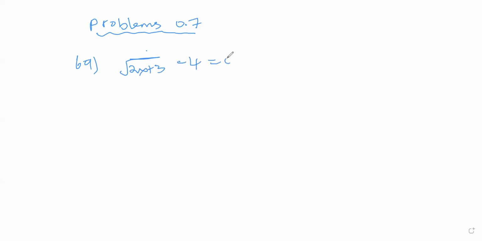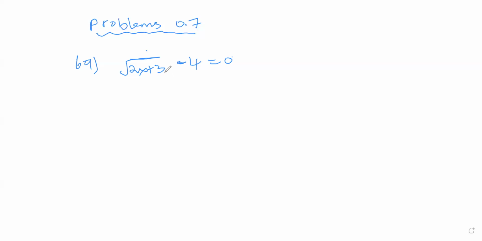Okay, so as I said, if we only have one radical in our equation, what you need to do is just to isolate that radical, then raise both sides to the power of the index. But if you have two radicals, you need to isolate each of them.